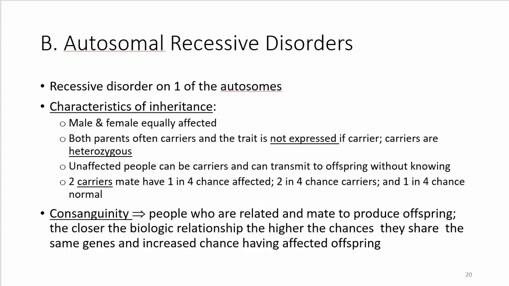So autosomal recessive is when it's on the autosome, so men and women are equal, and both parents have to be carriers if the trait's not expressed in them. They're heterozygous carriers.